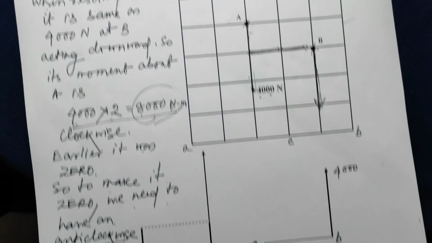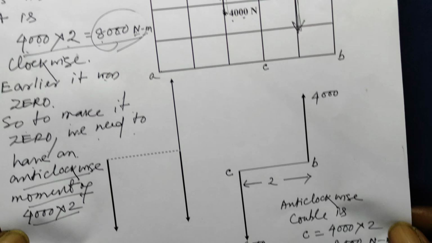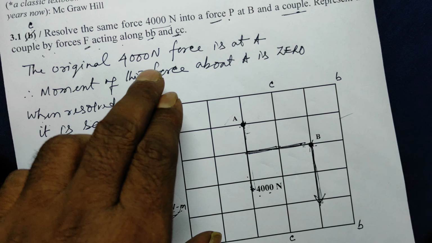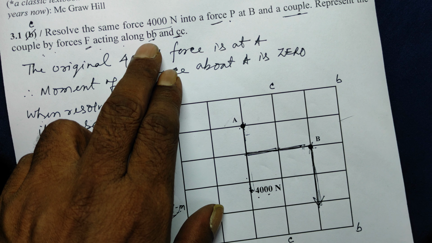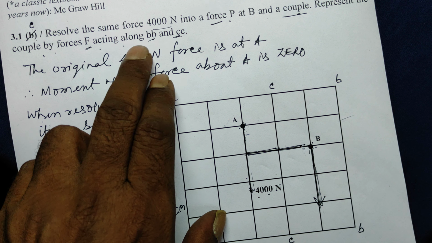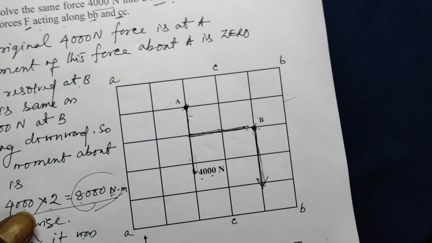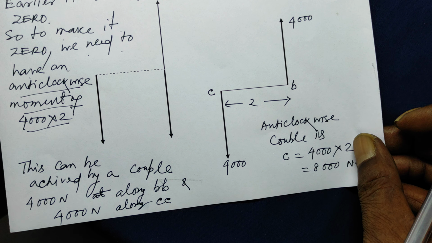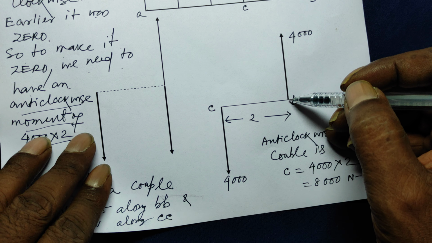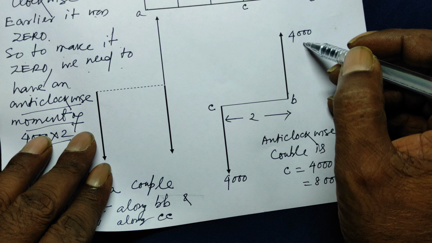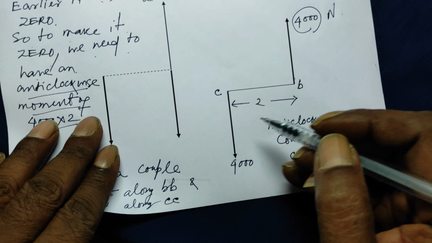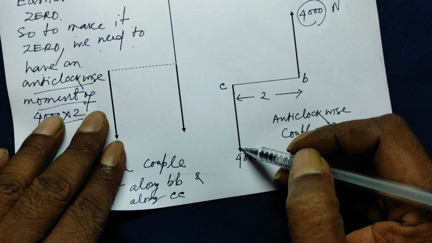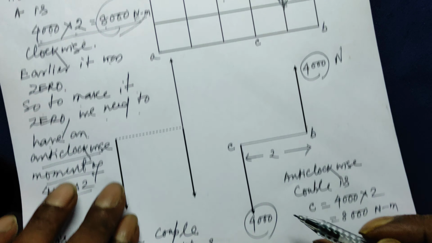So another diagram is redrawn for you. It has asked us to find a couple representing a force F acting along BB and CC. This is your BB, this is your CC. Along the direction BB, I consider 4,000 Newton to this side, and along CC, I consider another force 4,000 Newton to this side.